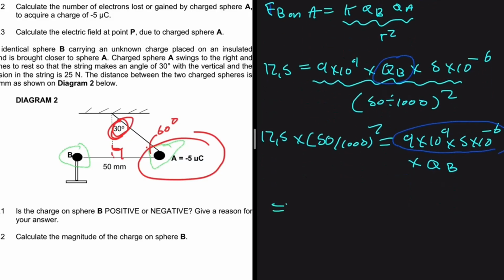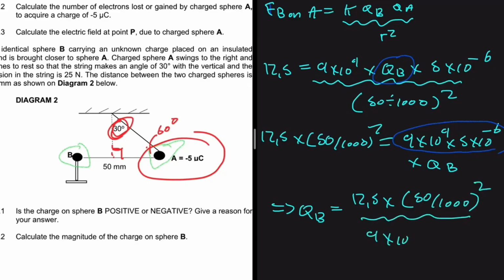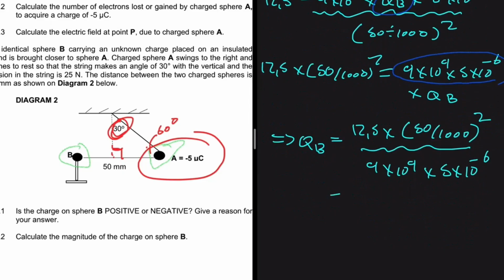So consequently, the charge on B will be equal to 12.5 multiplied by 50 divided by 1,000, without forgetting to square, right? Everything divided by 9 times 10 to the 9 multiplied by 5 times 10 to the minus 6, and then the charge on B will be equal to 6.9444 times 10 to the minus 7 coulomb.